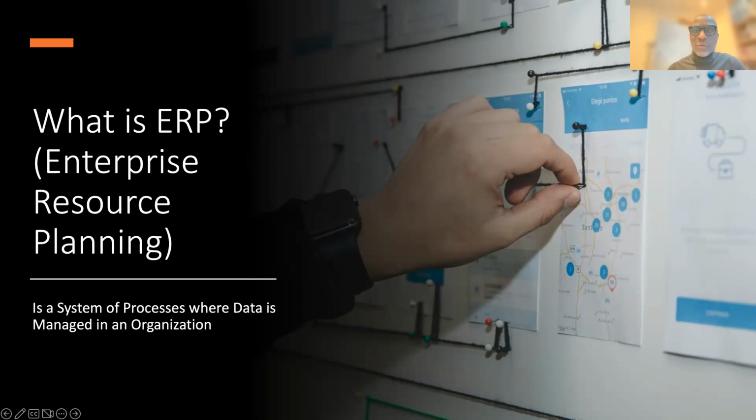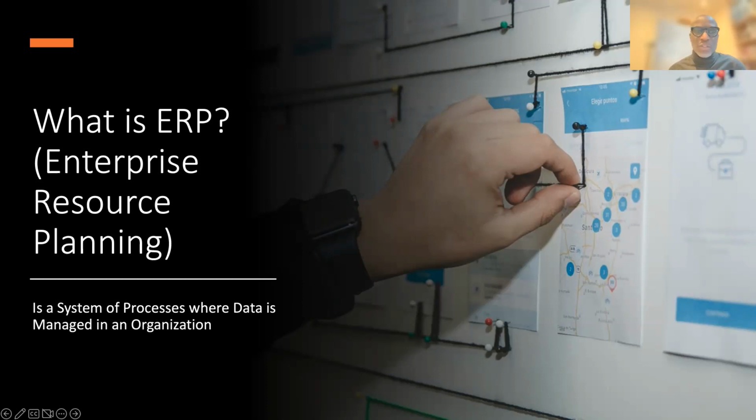You have AI, you have robotics, you have automation in transaction processing, and basically it's a system where processes are managed and data is managed in an organization. So that's basically what ERP is.